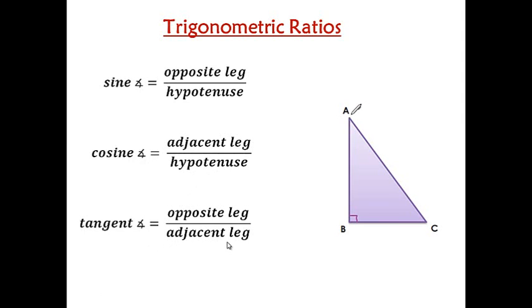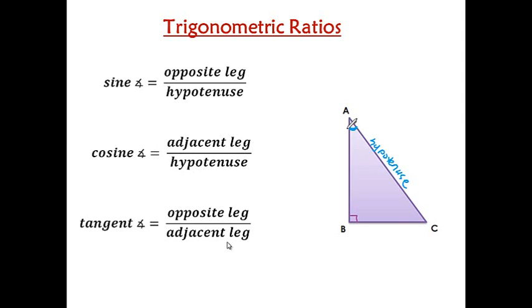Here's the right triangle. We all know that the hypotenuse is the side that's opposite the right angle. So AC is my hypotenuse. The other sides, the opposite and the adjacent, depend on which angle we are talking about.